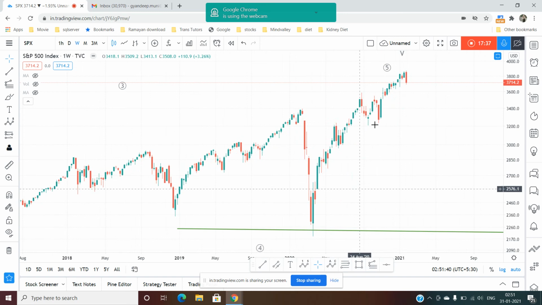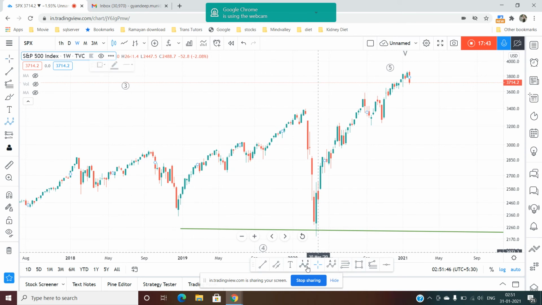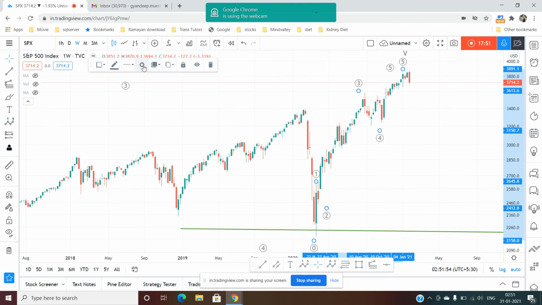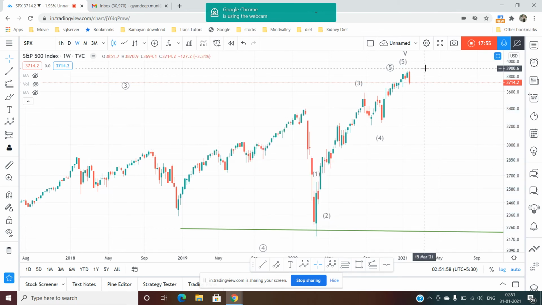Here also we are in the fifth wave, and here we'll define 1, 2, 3, 4, and fifth wave of another lower time frame. So here also you see we are in the fifth wave.